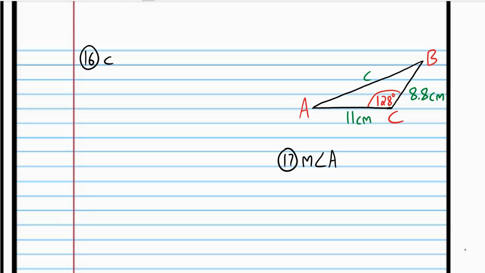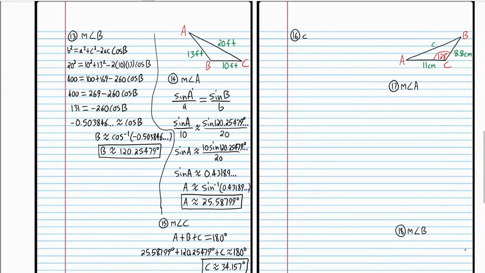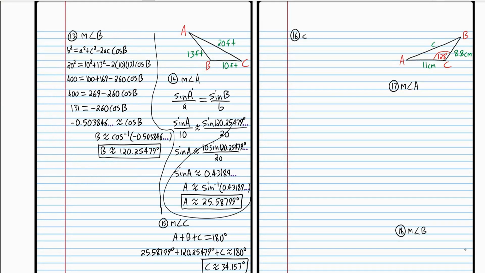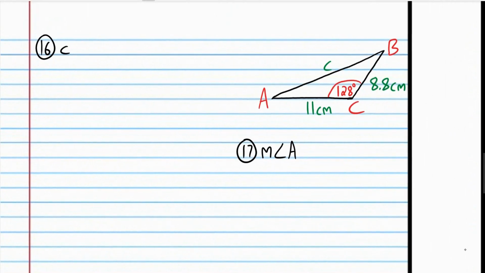But whenever you use the law of sines, as we did here, to find the measure of an angle, you do have to worry about your calculator fooling you. But because we use the law of cosines to find the obtuse angle, we could then make a mental note that our calculator should always give us an acute angle. And we don't have to worry about the obtuse angle because we already found it.